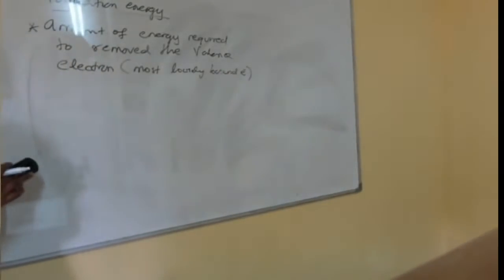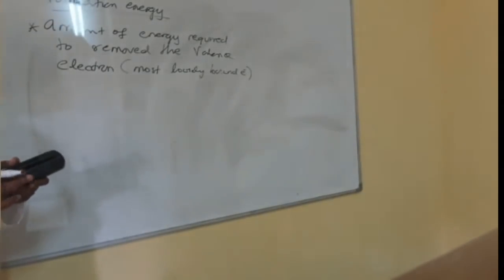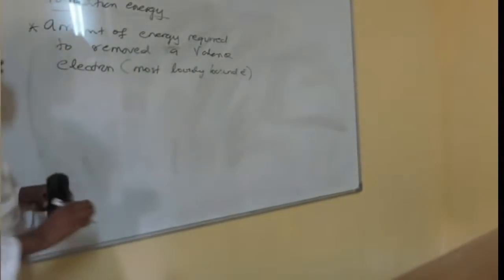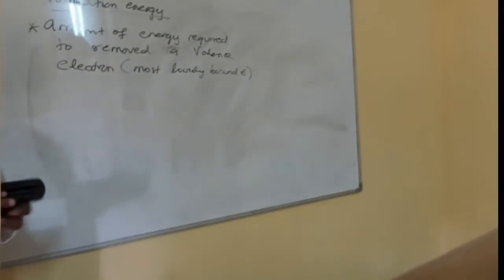Ionization energy is the amount of energy required to remove a valence electron, or to remove the most loosely bound electron.